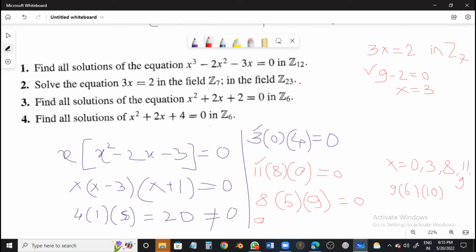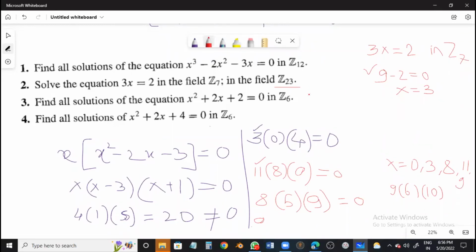Oh, you followed me. Same way you need to do it in Z23. How many entries are there in Z23? In all, there are 23 entries. Out of 23 entries, 0 and 1 will not work, because 3 into 0 minus 2 cannot be 0 in Z23, and 3 into 1 minus 2 cannot be 0. So you have to talk about the remaining 21 entries.